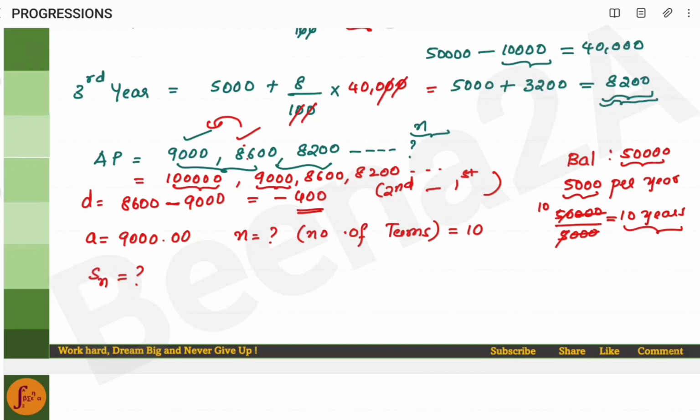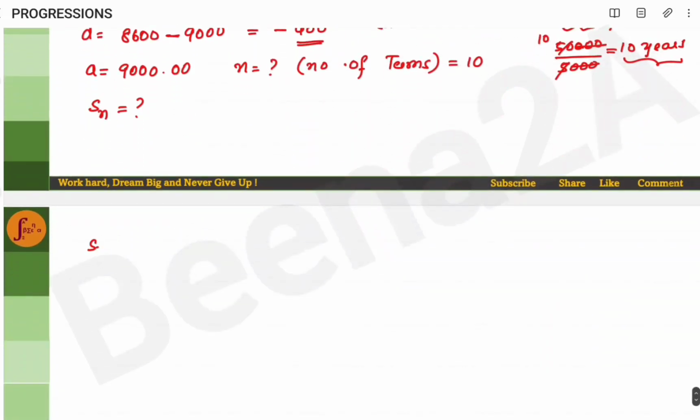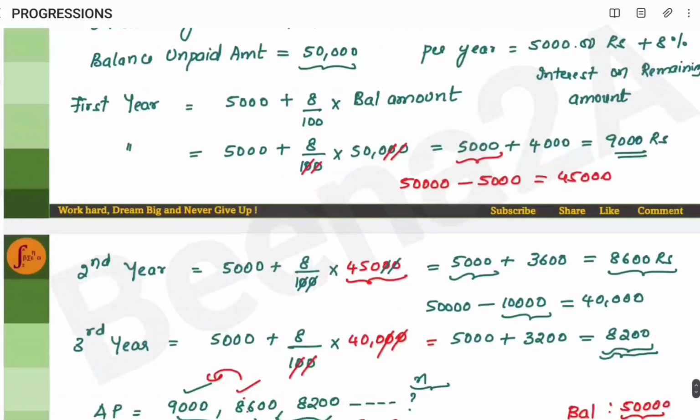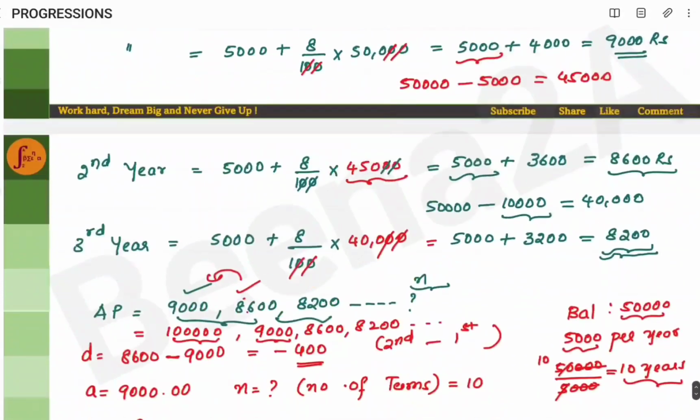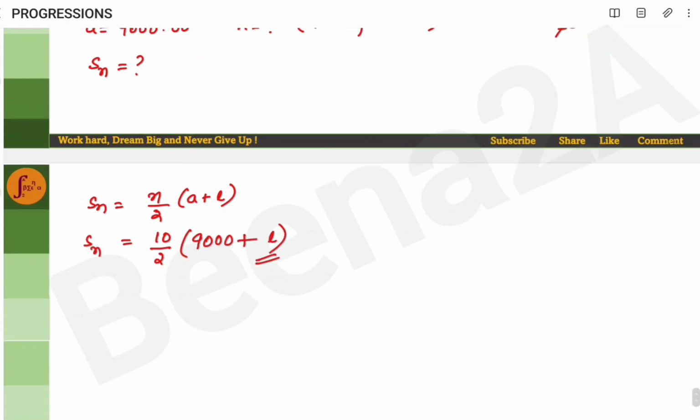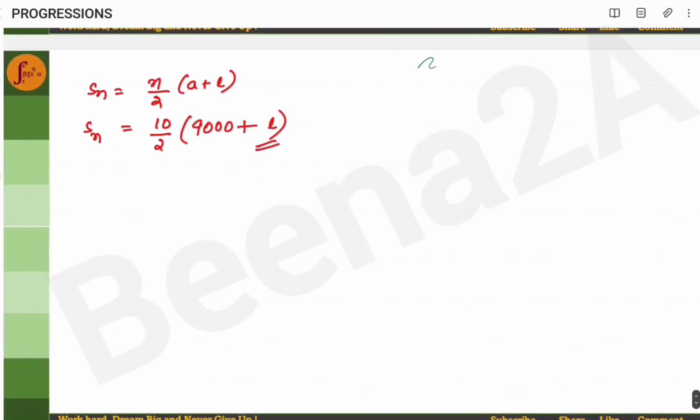Now, what is the Sn formula? Sn is equal to n by 2 into A plus L. N we know, 10 by 2. A we know, 9,000 rupees. Don't take it as 1 lakh, 9,000 rupees. This is the first term that we had got here. Last term we don't know, and we don't know Sn. So we'll have to use the term formula. What is the term formula? Term formula is A plus n minus 1 into D. A is 9,000.